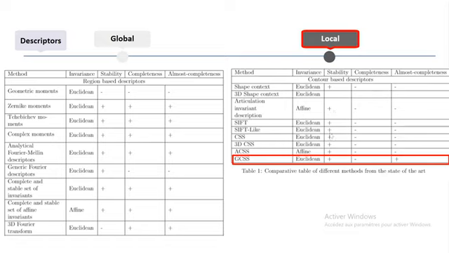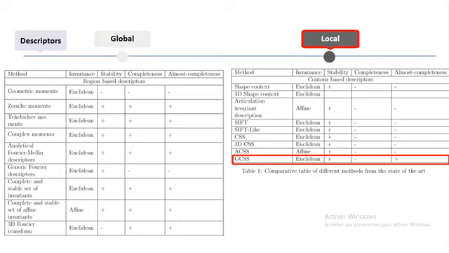In this case, most of the measures to evaluate the descriptors are whether they are invariant to Euclidean or affine transformation, their stability, their completeness, and almost completeness is another property added. It's similar to completeness, but as we cannot attain completeness in the real world, because we deal with discrete values, we talk about almost completeness.